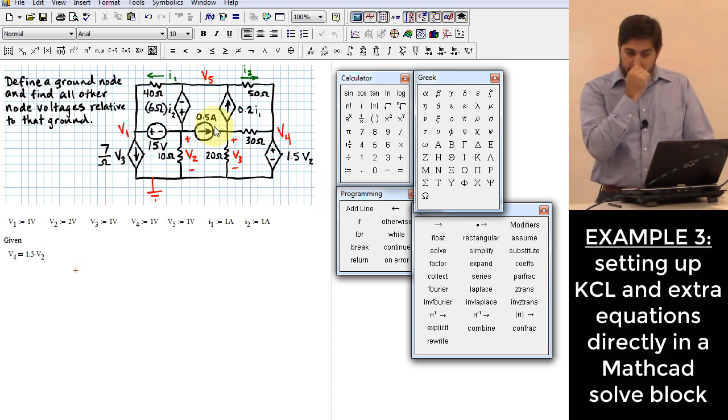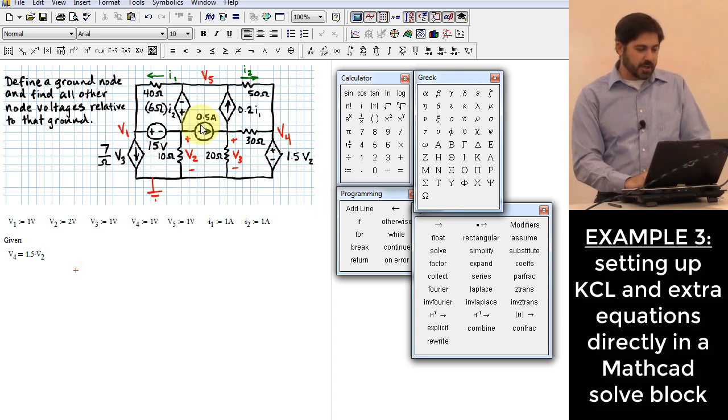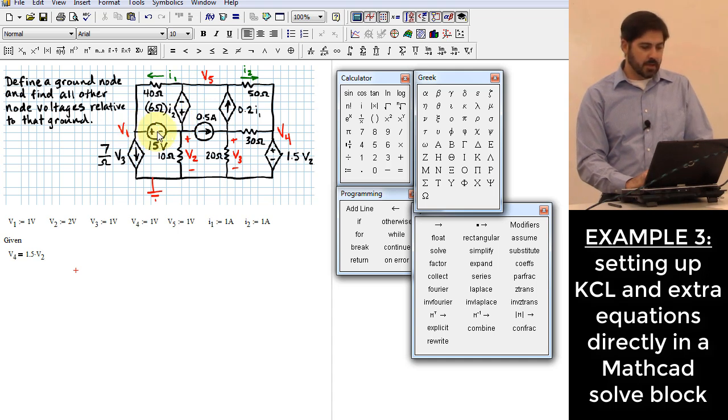Okay, tell you what, there's no reason in prolonging the misery anymore. Let's go ahead and start doing a nodal equation on this big super duper node. Okay, so what kind of currents do I have exiting that node? I have this dependent current source right here. What does it do?